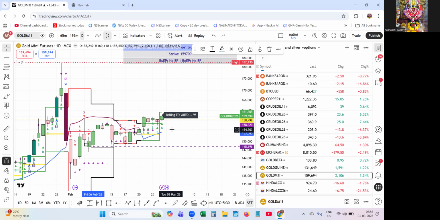You should wait for the structure pullback, and if it is a failure, then you can go for a shorting opportunity. Friends, this is a very uncertain condition. You need to be very cool, and you need to have a stable mind to trade the market, or otherwise, if you cannot make out, stay away from the market. It is better to stay away from the market.